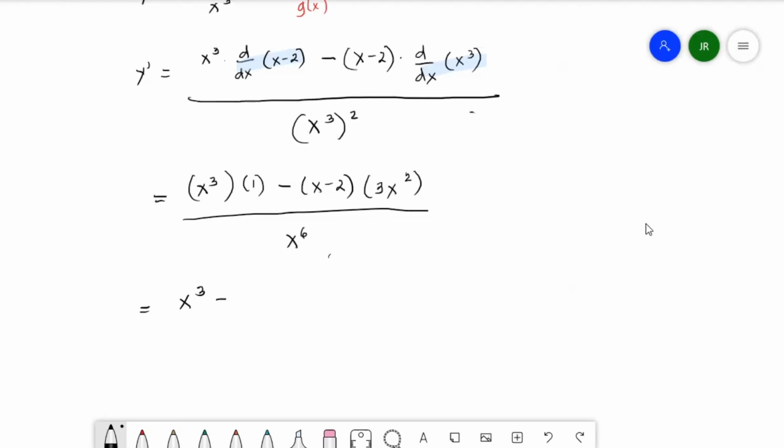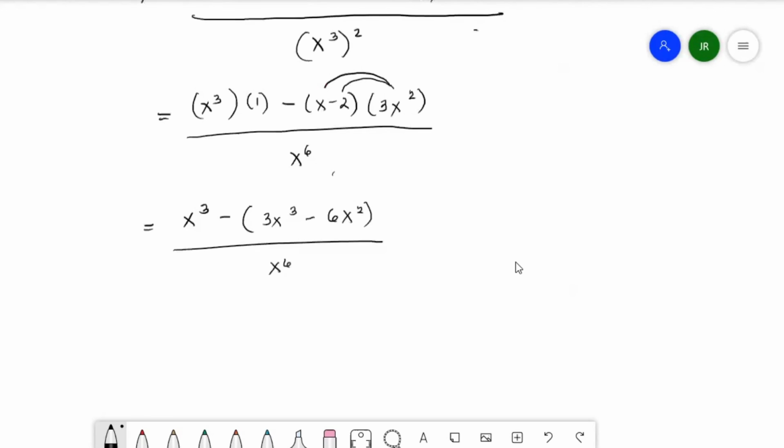minus, the quantity. Distribute this 3x squared dito sa x minus 2. 3x squared multiplied by x is 3x to the third power. And then 3x squared multiplied by negative 2, that is equal to negative 6x squared over x to the 6th power. Okay, so ngayon, meron po tayong negative sa labas ng parenthesis.